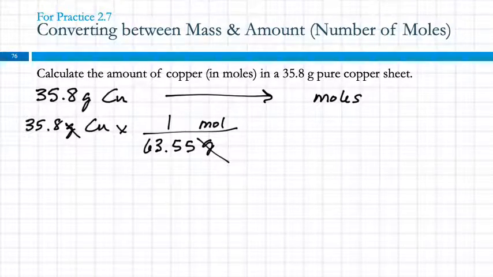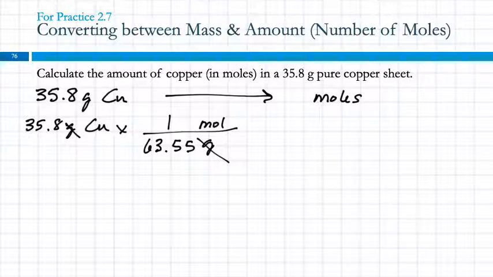Yes? That's a good question. Why am I not using Avogadro's number? Because I'm not looking for number of atoms. If I wanted numbers of atoms, I would use that.